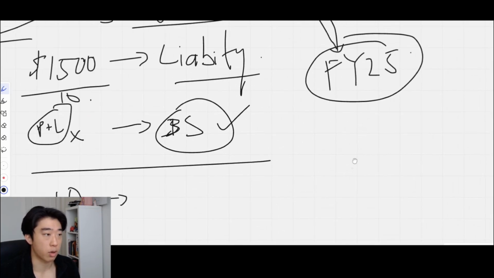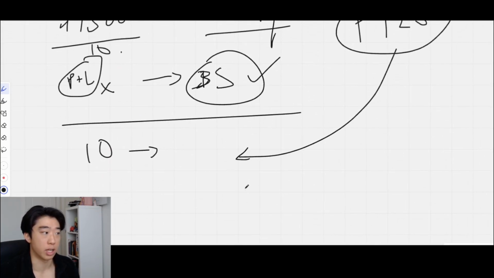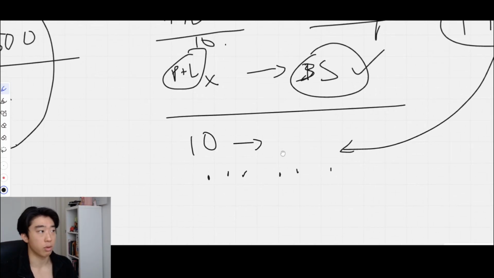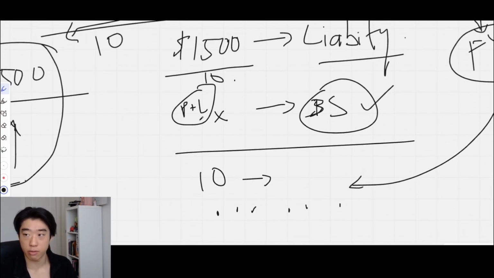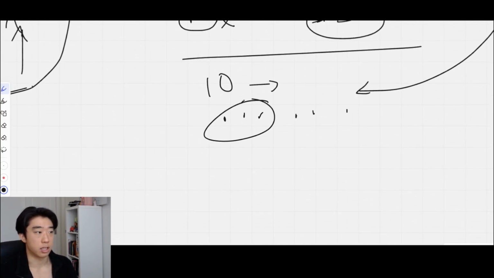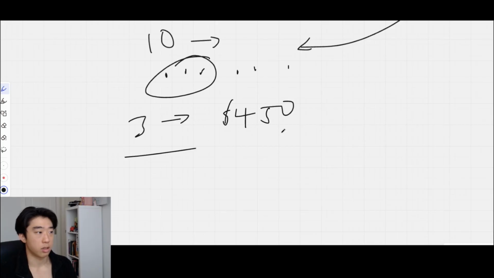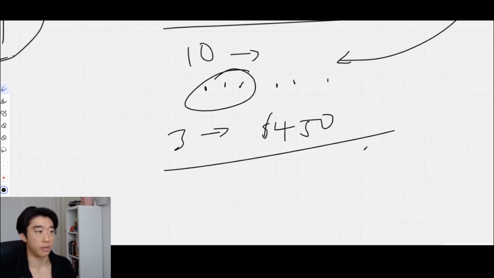Now, when does it get recorded as income is when you start using the sessions, right? When the customer starts using the sessions. So it's $150 a pop, $150 per session. Let's say this person starts using them. They do 3, that's $450. So 3 of these sessions is $450.